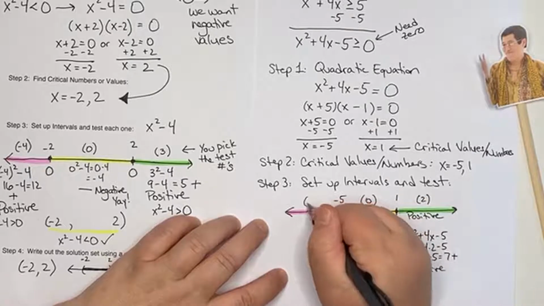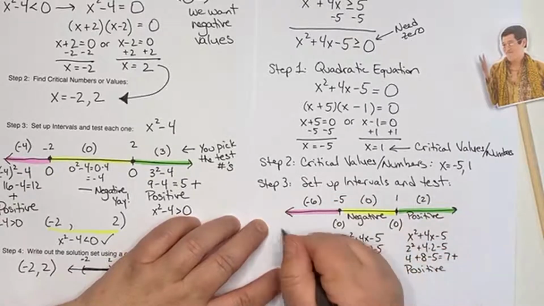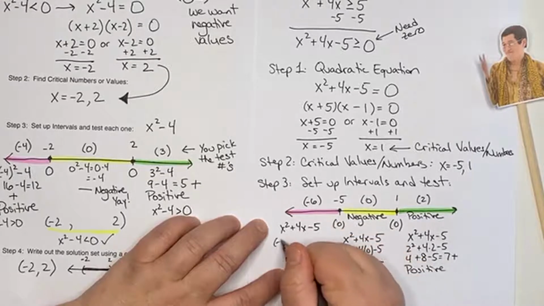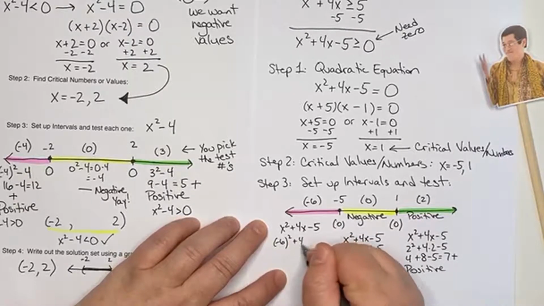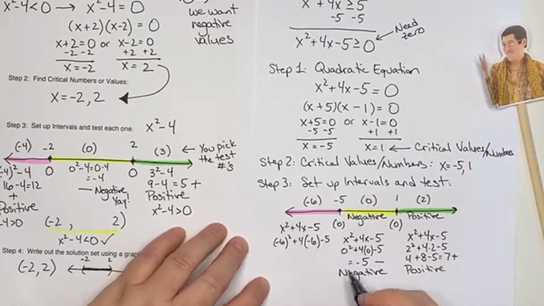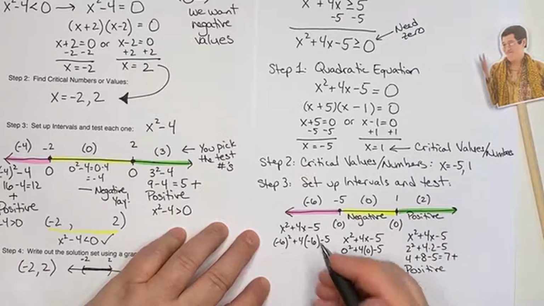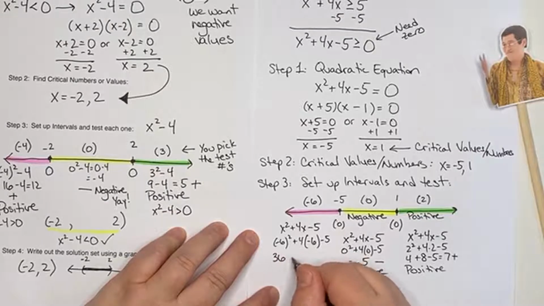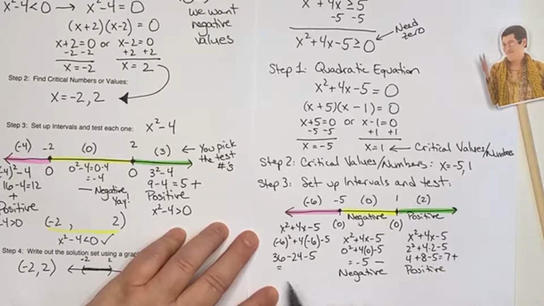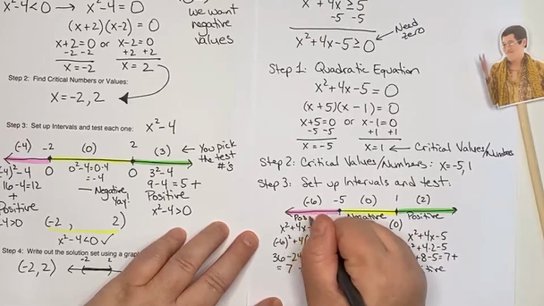So in this one, I'm going to pick -6. -6, the quantity squared, plus 4 times -6 minus 5. This is a good question. 36 minus 24 minus 5. That's 7. That's positive. Yay, positive.